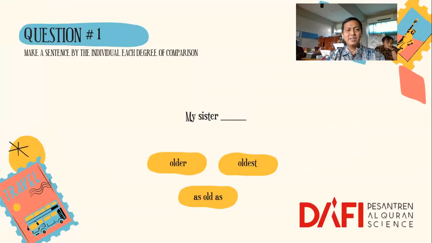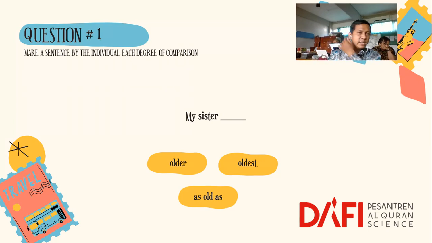So this is our training today. Make a sentence for each degree of comparison. For example, I use the adjective old. If you take comparative degree, older belongs to comparative degree. And oldest, don't forget, always use the.